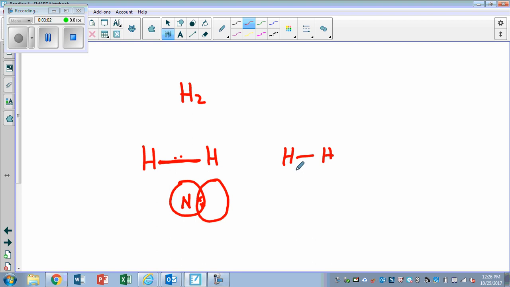Most often the covalent bonds are formed between different kinds of nonmetals, and in that case it will not be non-polar. There is a possibility of making polar covalent bonds. But right now, once again, here is H2. This is how we show the molecule. This line represents a single covalent bond.